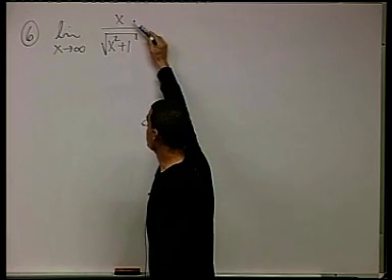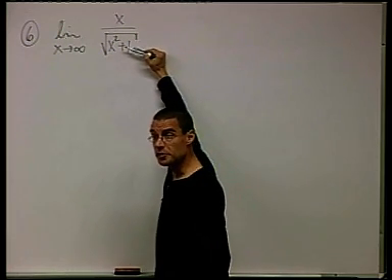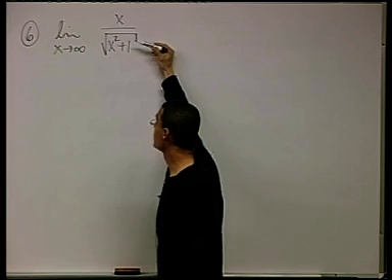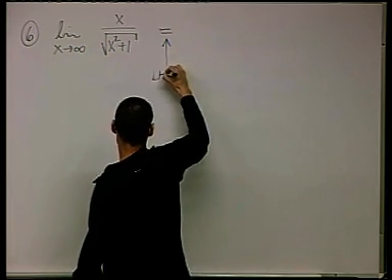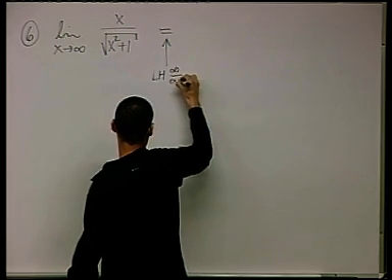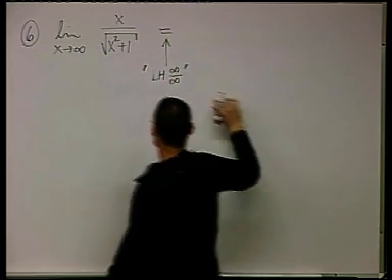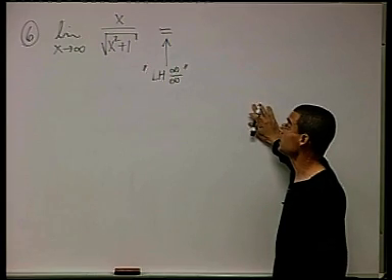So do you agree that this is an infinity over infinity situation? The top goes to infinity, the bottom goes to infinity. So I'm going to encode that as before by saying L'Hopital infinity over infinity.